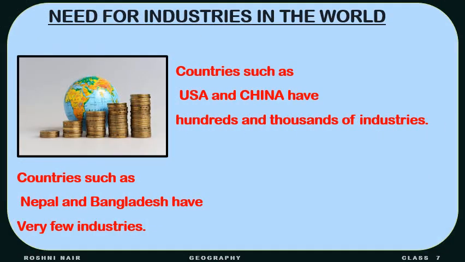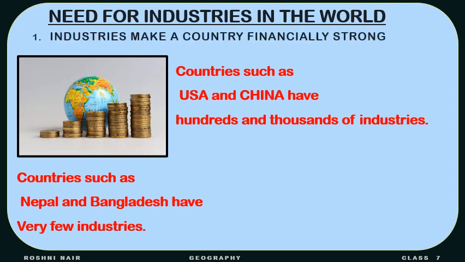Now, the main topic, next important topic, is need for industries in the world. What is the need for any type of industry in the world? So under that, I should say the first one is industries make a country. It can be any country. It can be China, it can be Singapore, it can be Japan, India, any country.